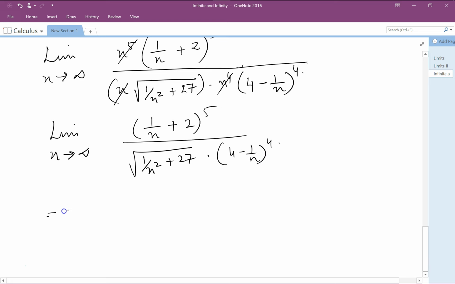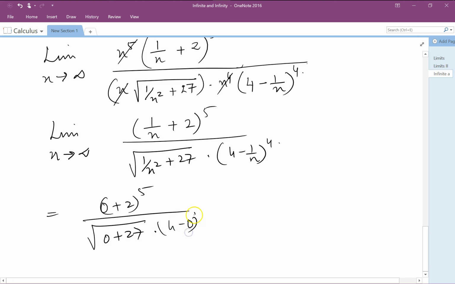Now let's do the substitution. 1 by n is 0, plus 2 to the power of 5, by square root of 0 plus 27 times (4 minus 0) to the power of 4. This becomes 2 to the power of 5 by square root of 27 times 4 to the power of 4. Or what we can do is we can say 2 to the power of 8.